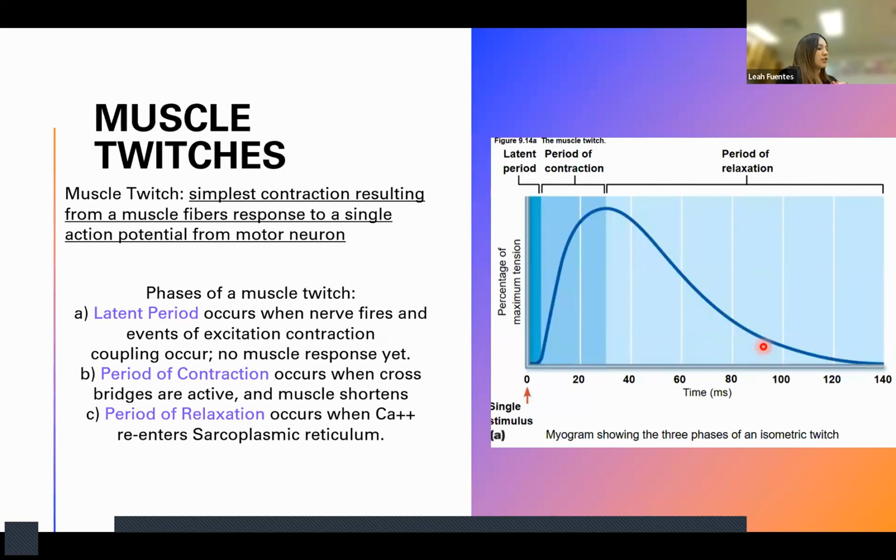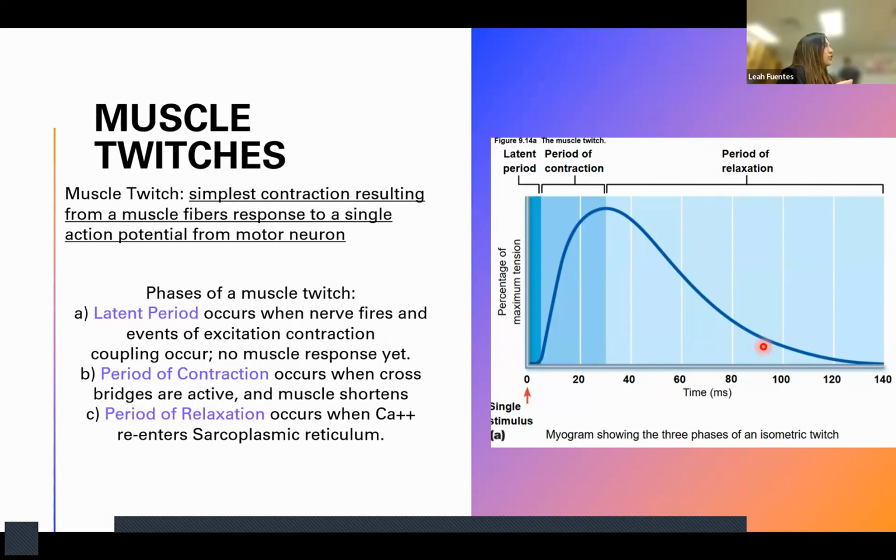The latent period occurs when the nerve fires and the events of excitation-contraction occur. During the latent period, there is no muscle response just yet. The period of contraction occurs when the cross bridges are active and the muscle shortens. And then the period of relaxation occurs when the calcium re-enters the sarcoplasmic reticulum.